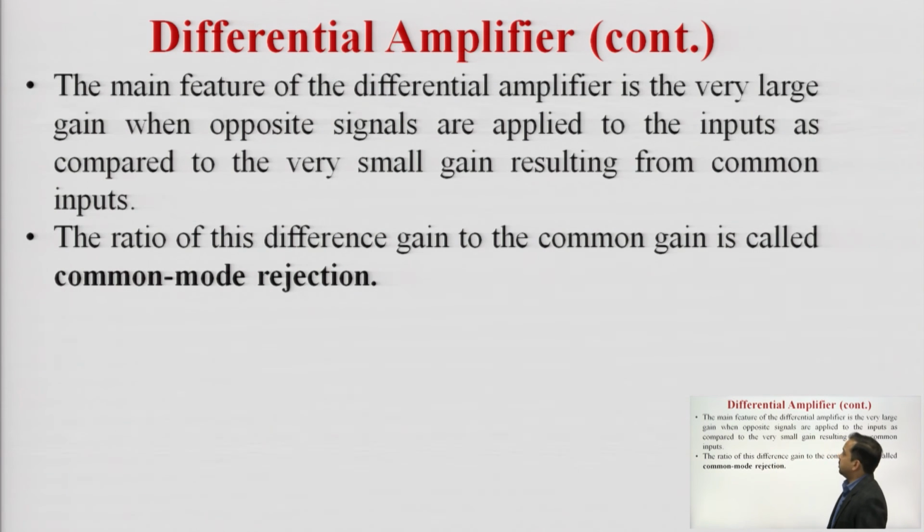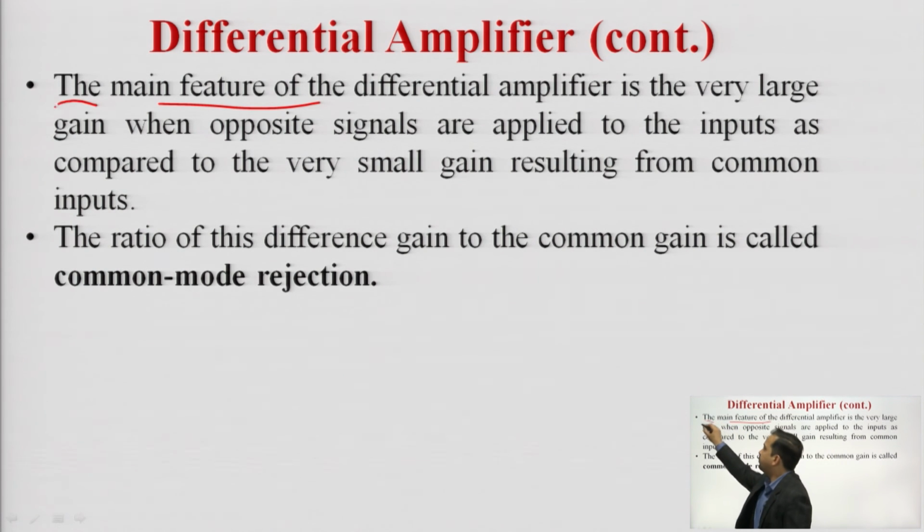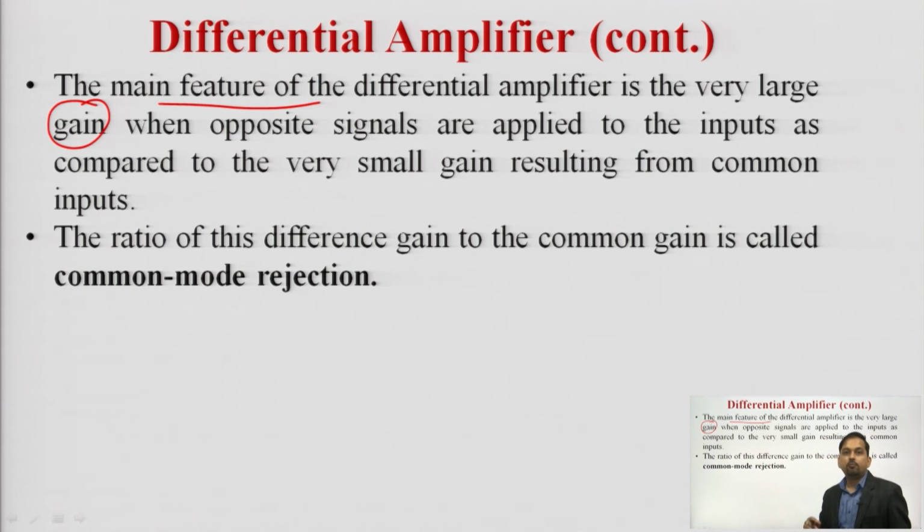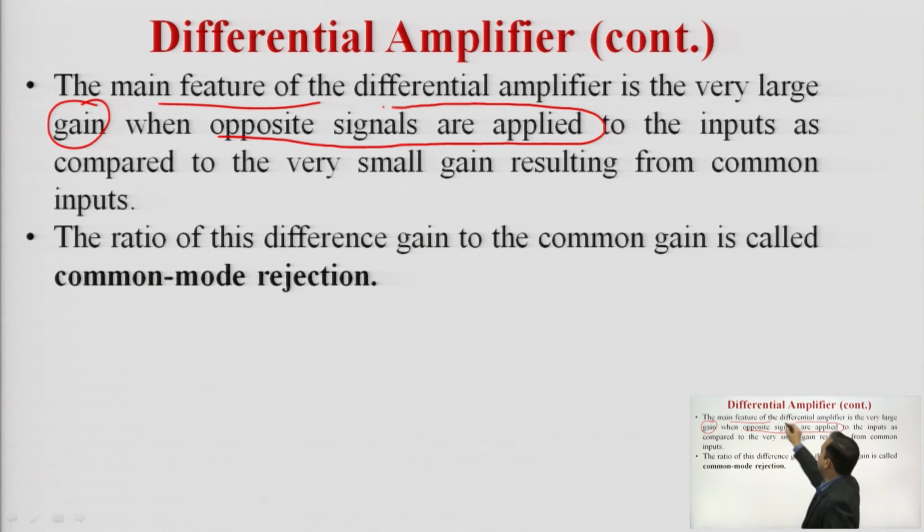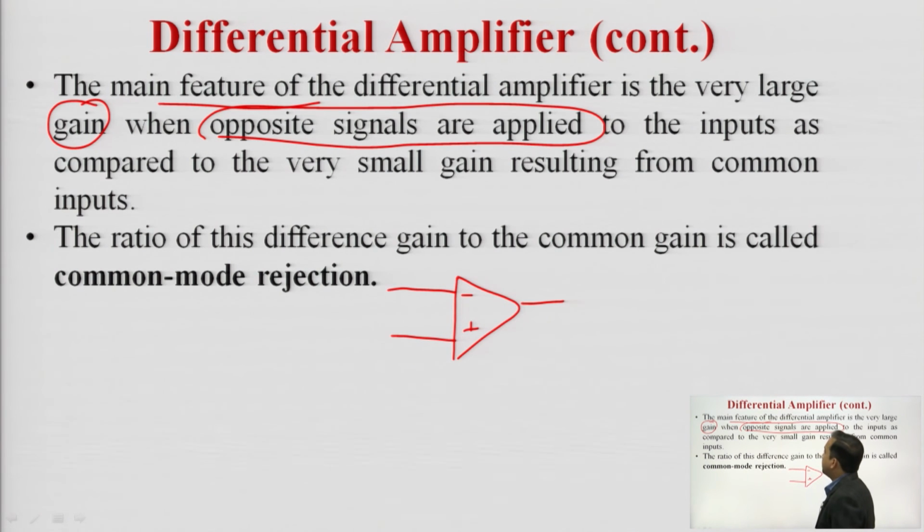After this, the important feature of this differential amplifier is the very large gain that we have talked about. It has a very high gain when opposite polarity signals are applied, meaning at the input terminals of the op amp, one is negative and one is positive, let us say minus V and plus V, as compared to the very small gain resulting from common inputs.